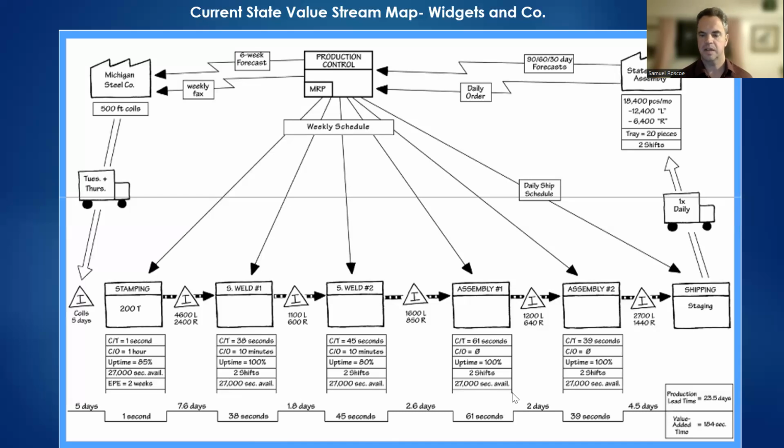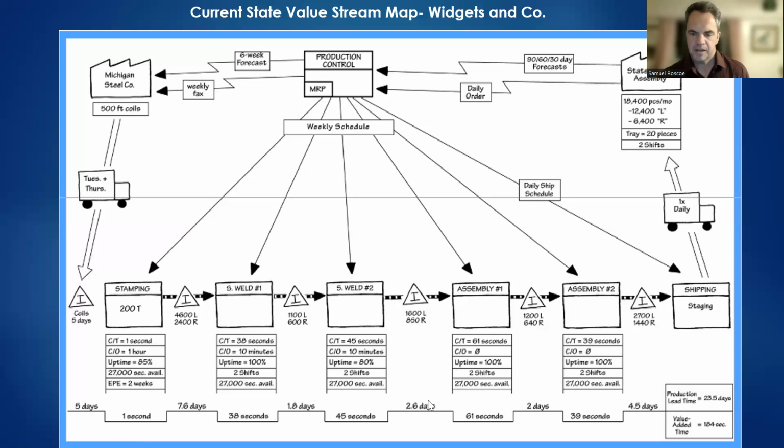Assembly takes 61 seconds, and then I have another 2 days of inventory, 39 seconds to do a final assembly of my widget, and then 4.5 days for the finished product to sit on the floor before it's shipped out to our customer here, State Street Assembly, who receives all of our products.